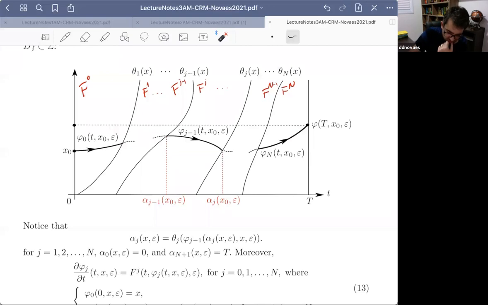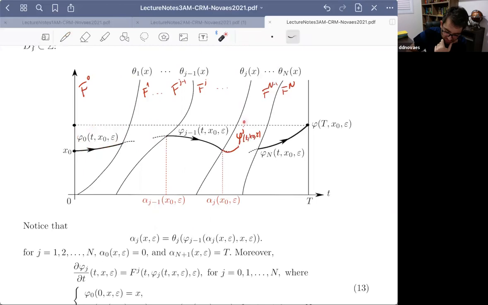What we have here actually is that phi 0 for t equals 0 is equal to x0, and here we have the phi j t x0 epsilon.